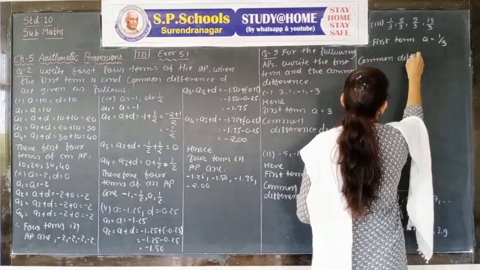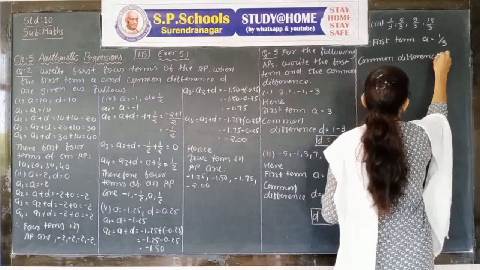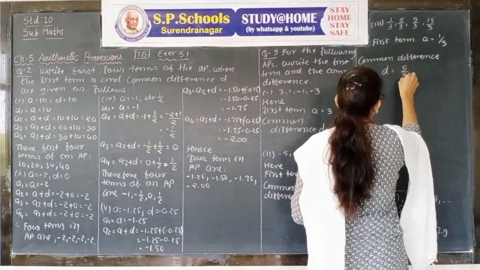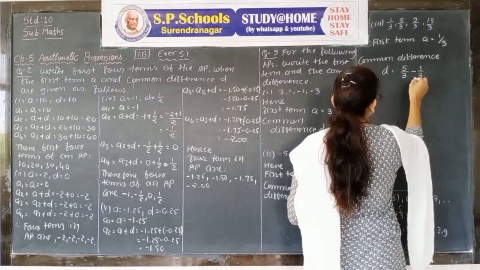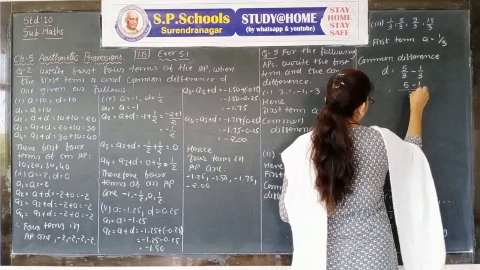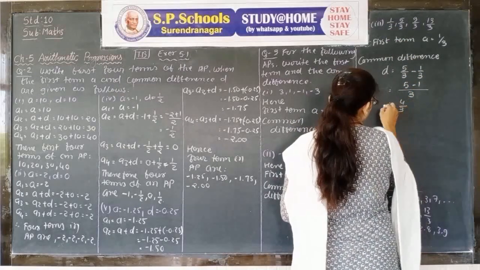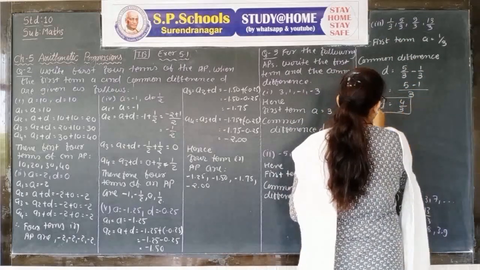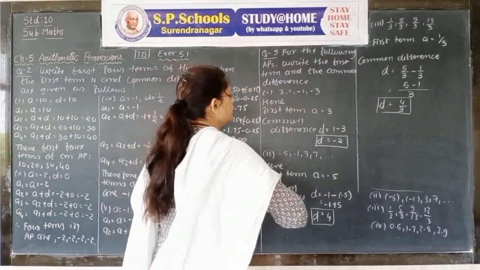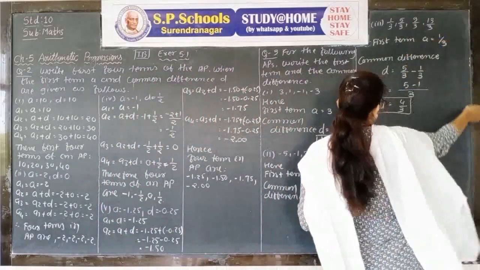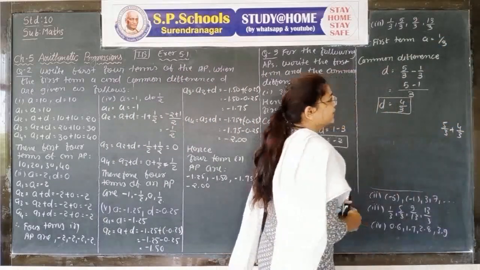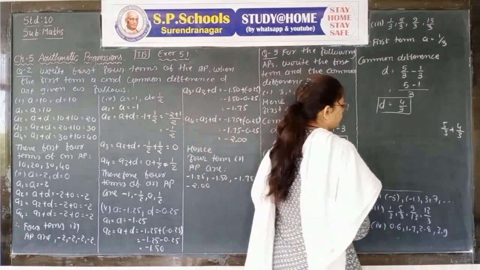Common difference D is equal to second term minus first term, 5 upon 3 minus 1 upon 3. By taking LCM, here 3 is our LCM, 5 minus 1 which is 4 upon 3. Hence the common difference is 4 upon 3. Whenever we add 4 upon 3 to 5 upon 3, we get the next term, 9 upon 3.